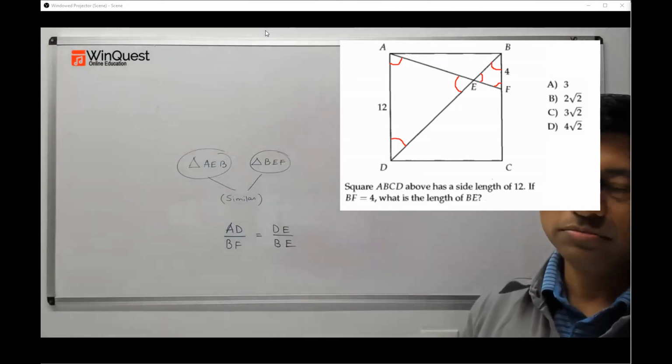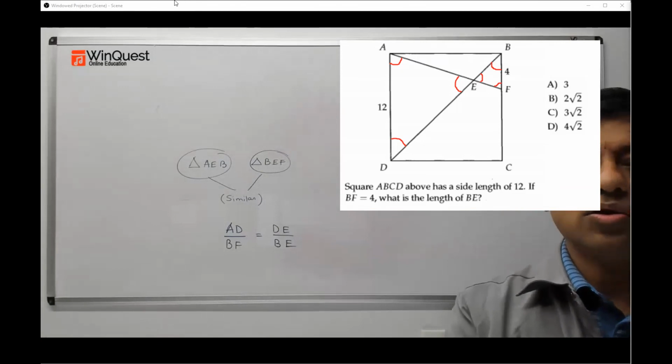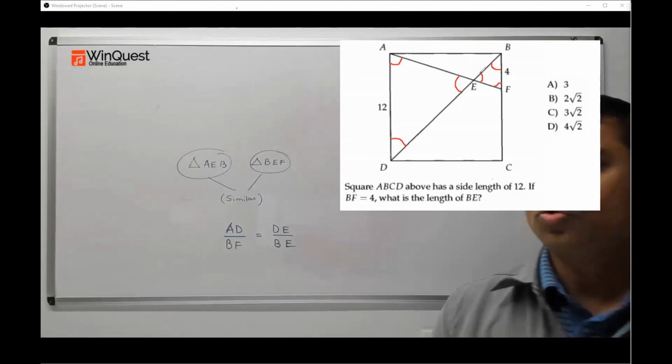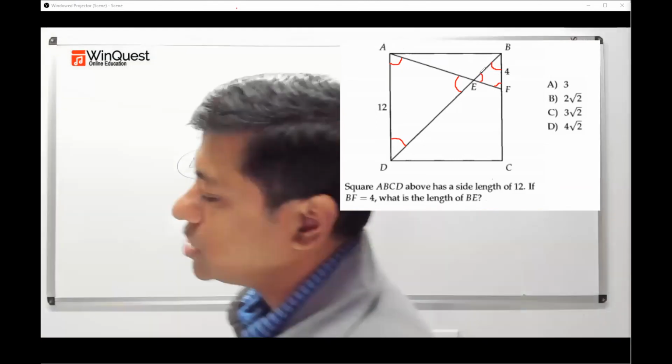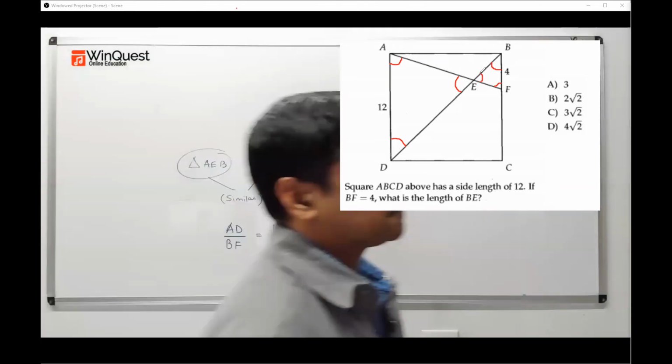Not so clear. See, what I have done is I have simply applied the rule AD, which is this side, by this side, is equals to DE, which is this side, by EB. So what I've done is I have just compared the two triangles and made it in ratio. Sides ratio.